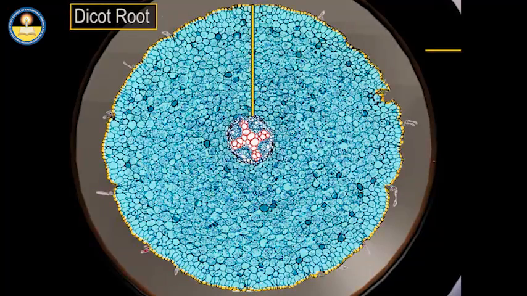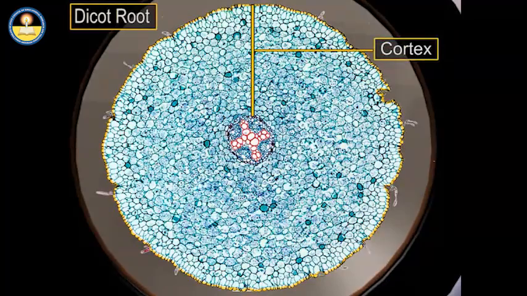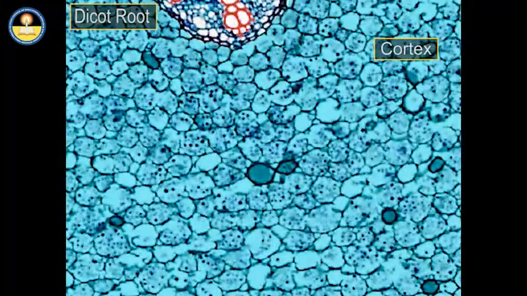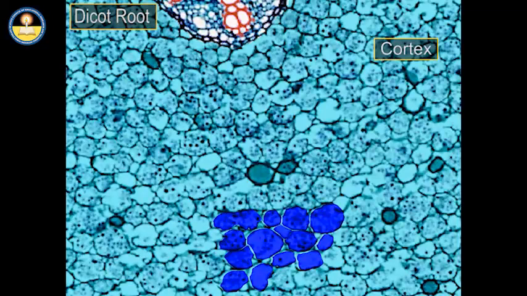Next region is cortex, which is formed of storage parenchyma that remains active in the uptake of water and minerals. Next few layers of cortex usually consist of thin-walled parenchyma cells with numerous intercellular spaces.